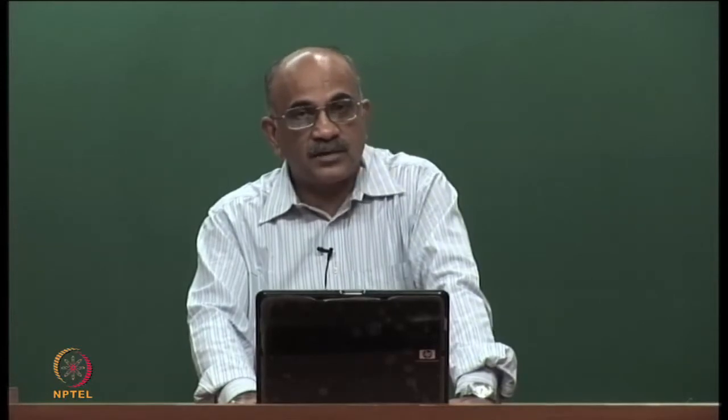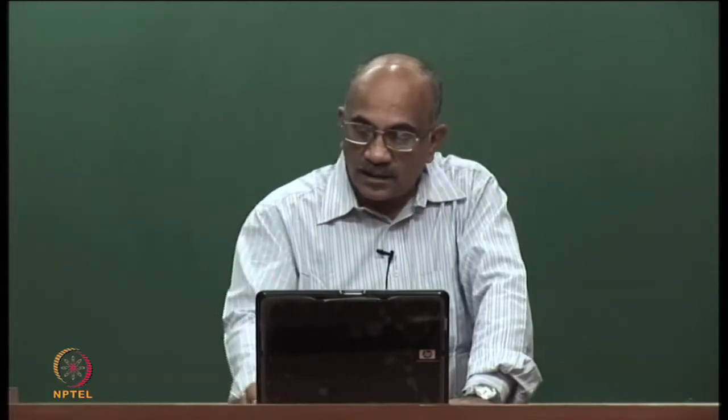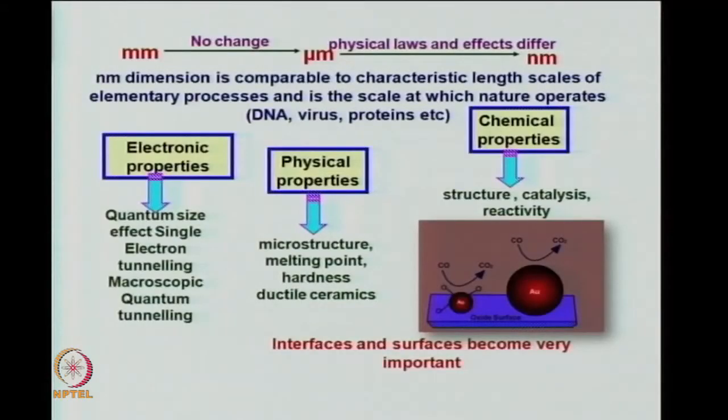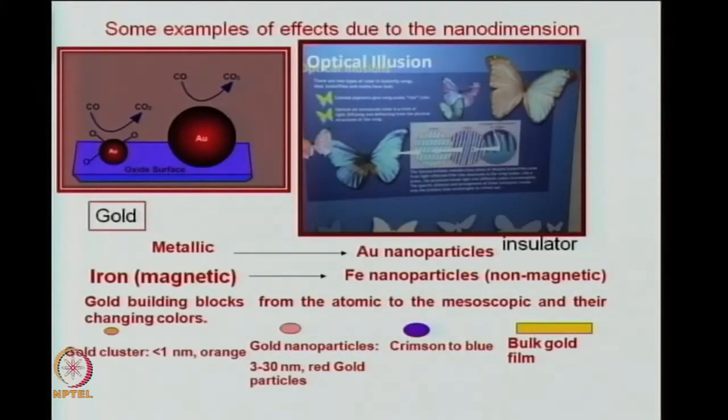But in the last 15 years we now know that these properties are due to the nanomaterials, and now we say that the enhanced reactivity is due to the nanoparticle nature, which enhances the surfaces and hence the reactivity. You can also see optical effects.